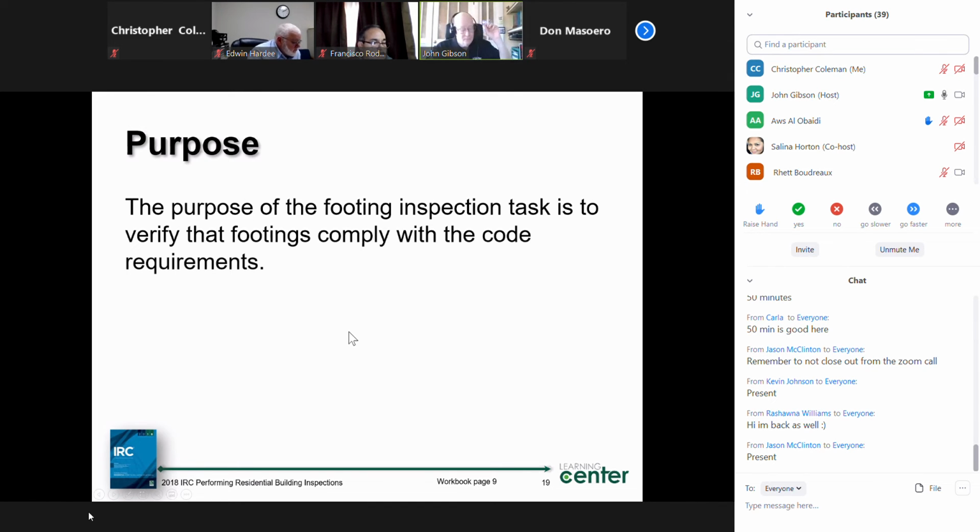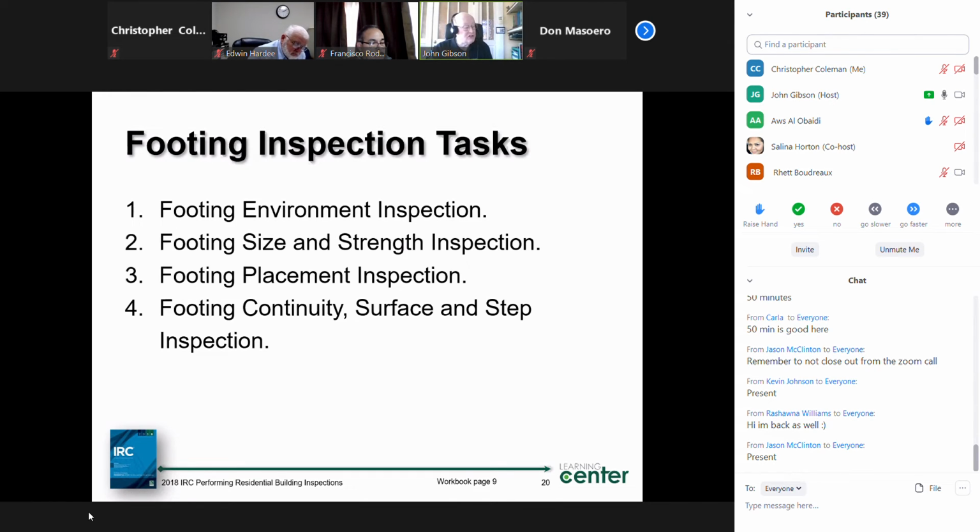All right. So this shows up on page 9. You see it's got an objective, then it says the purpose: footing shall comply with the code, and then it gives me code sections. And then it says there are 4 subtasks to a footing inspection, and the 4 subtasks are laid out. It's an environment. So it's going to look at the environment that your footing is located in.